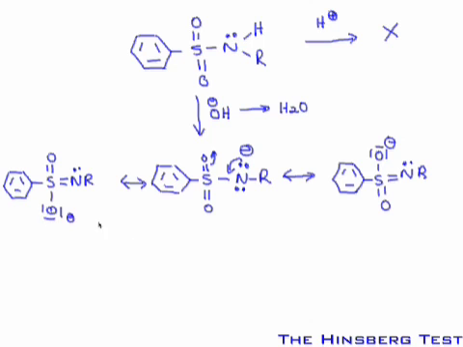And so you see that we produce a resonance stabilized anion, and because of the anionic nature, the increased polarity of the molecule, once it's deprotonated, it becomes water soluble.